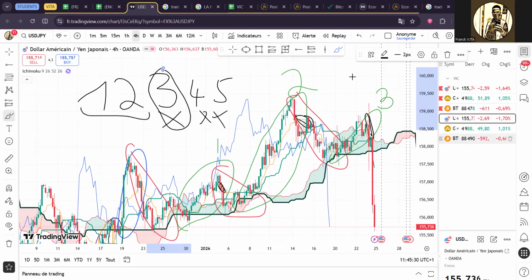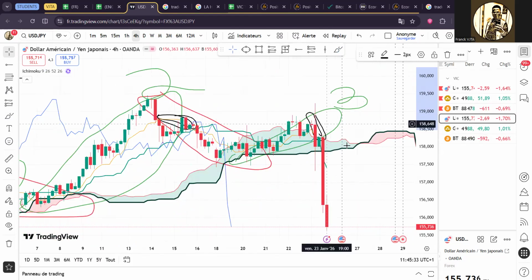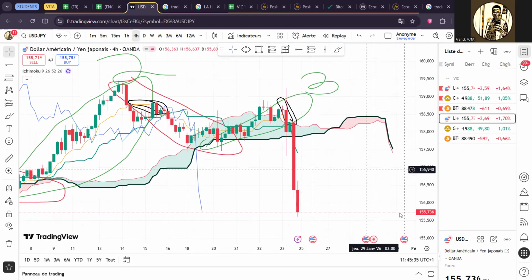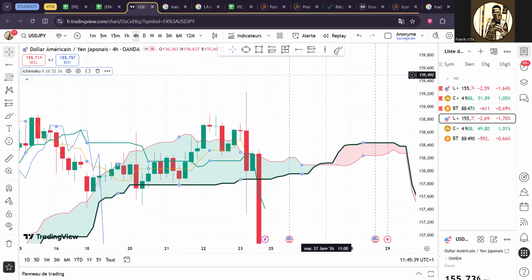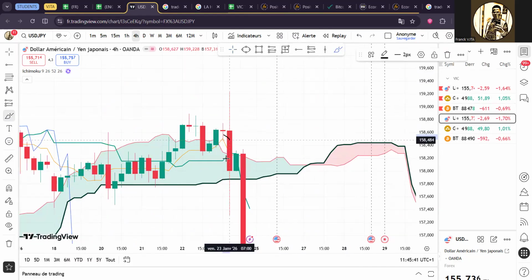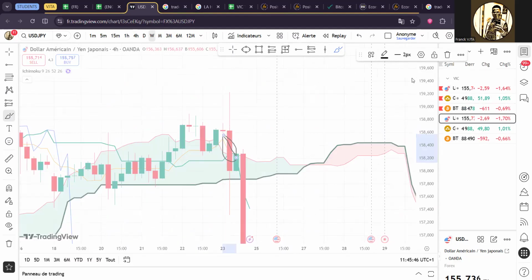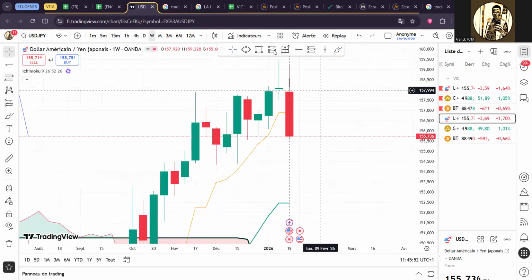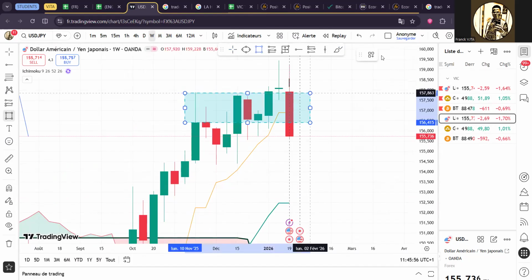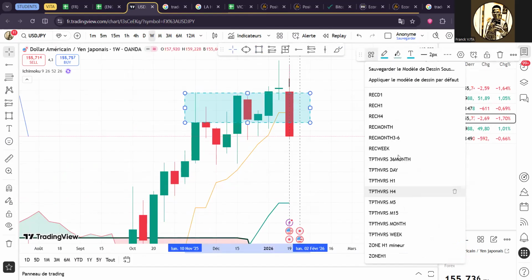That's what happened here. For example, we had the third push here, and then you have a brutal red candle that makes the Tenkan bend to the downside like this. And the reason why we had it at that level is that when you go on weekly, we had a Tenkan hitting VRS on the left here.